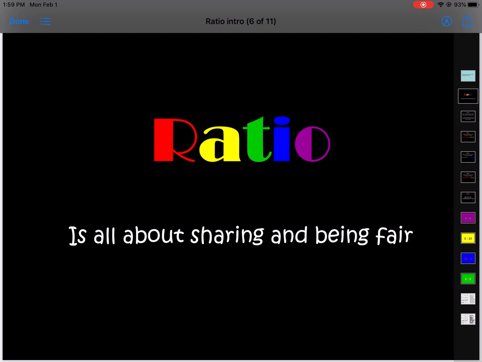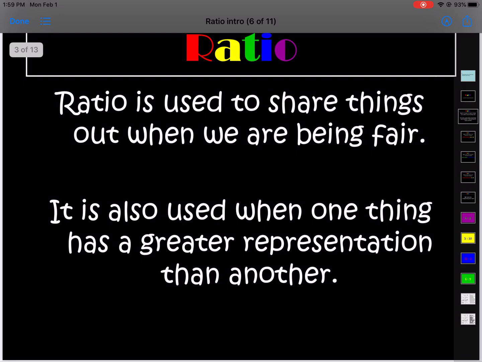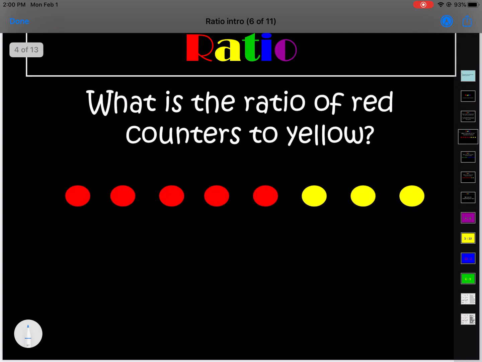So we are splitting quantities, we are splitting amounts into a different ratio, sharing them out into a given ratio. Okay? So ratio is used to share things out when we are being fair. It is also used when one thing has a greater representation than another. And that second bullet point there is the one that we will focus on for this lesson just now.